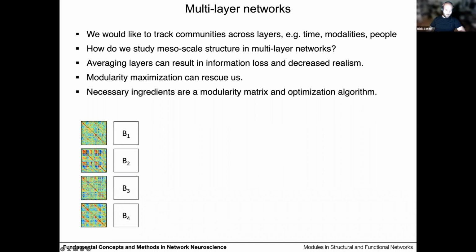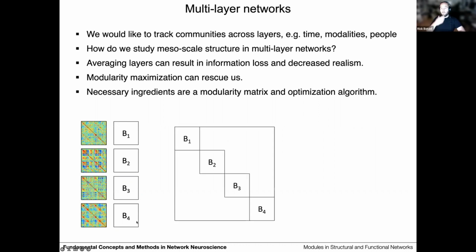For the second network, which could be a different subject or the same brain at a different time point, we have its own modularity matrix, which we'll call B2, and B3 and B4 for the other layers. If we want to build a multi-layer modularity matrix, or multi-layer tensor, we could flatten this tensor and place each of the individual layers' modularity matrices along its diagonal, like this.